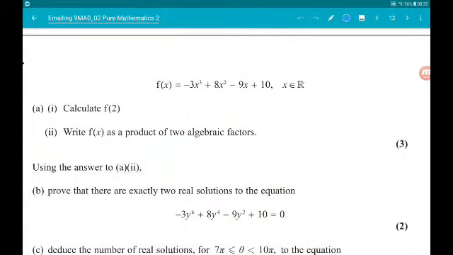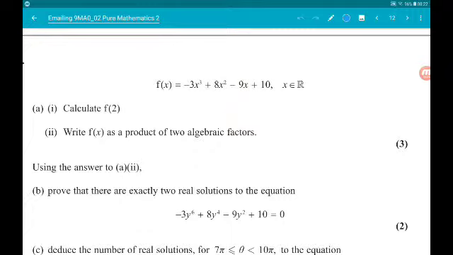Okay, question 6, we have polynomials. So, f of x is equal to minus 3x cubed add 8x squared minus 9x add 10, where x is in the reals. Part A, part 1 wants us to calculate f of 2.